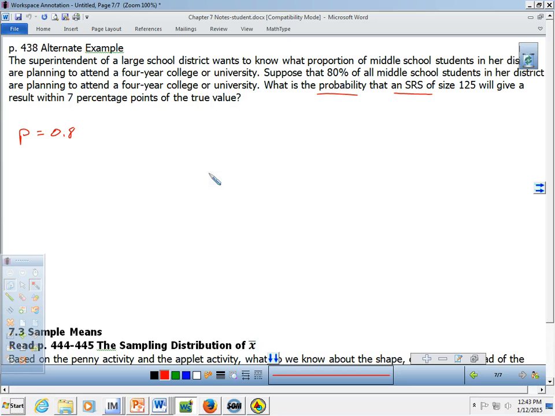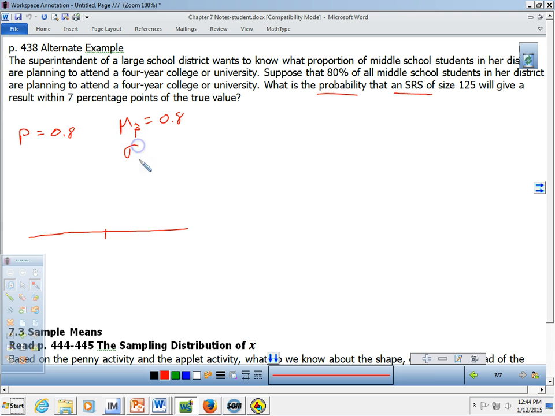If I want to find the probability of a sample giving me a certain value, then I need to understand what the sampling distribution would look like under these conditions. Okay? Well, I know that when I create a sampling distribution, the center of this thing is going to be equal to the population parameter. So the mean of my sampling distribution is going to be 0.8.